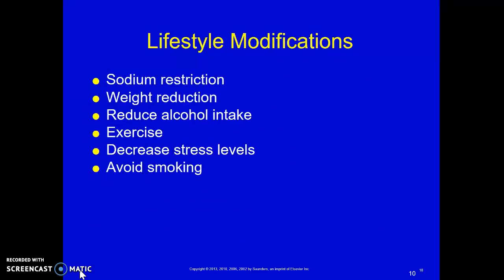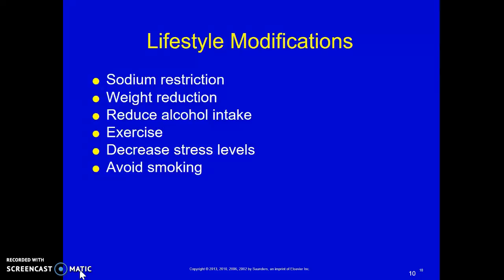Of course, lifestyle modifications go similar in a way to what we've talked about with heart failure. You want to encourage the person to lower their sodium intake if at all possible, or use salt substitutes instead. They also need to be working on weight reduction if they're obese. They need to reduce alcohol intake, and they need to get on an exercise program.